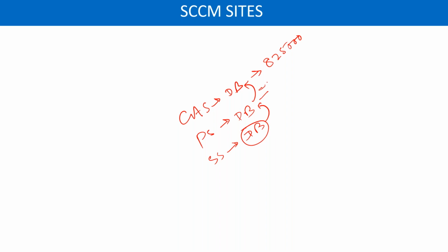Primary site, how much guys? Primary site can support 175,000 devices. Yeah, sorry. Secondary site, 50,000.